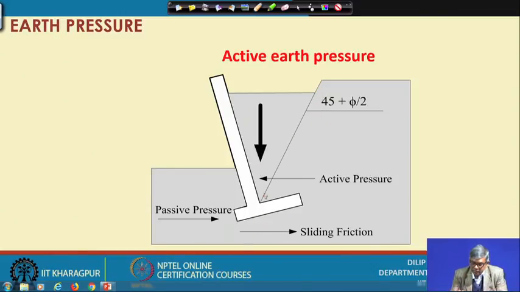When this active earth pressure happens, this failure plane of the wedge makes an angle of 45 degrees plus phi by 2 from the horizontal, where phi is the angle of internal friction of the soil.